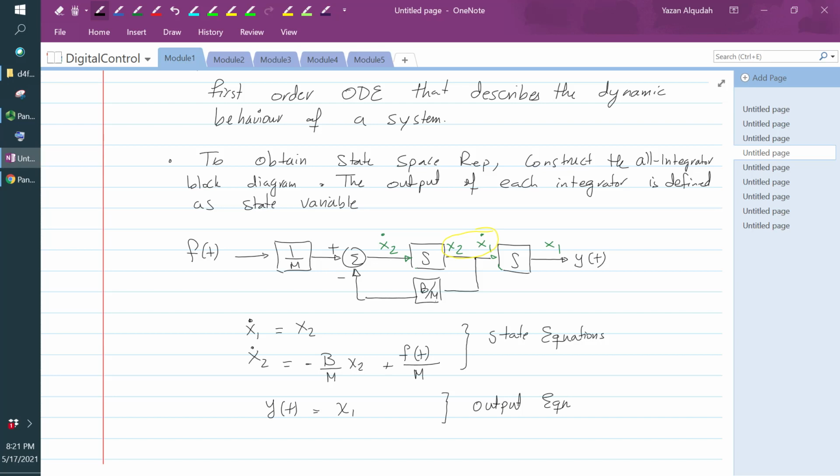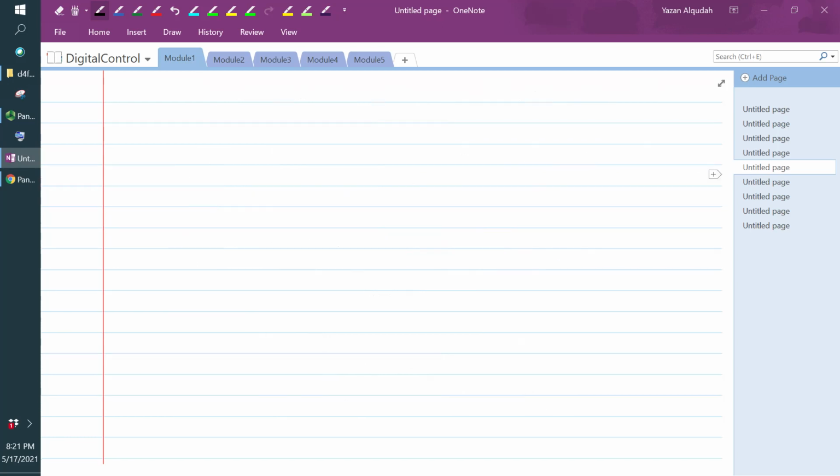Okay. Now in general, for the state space representation, we denote the input as u of t.